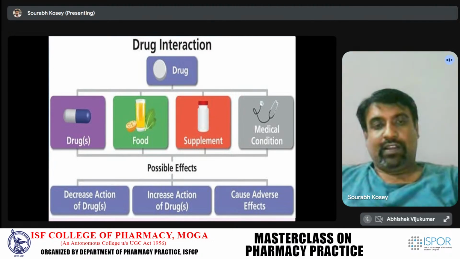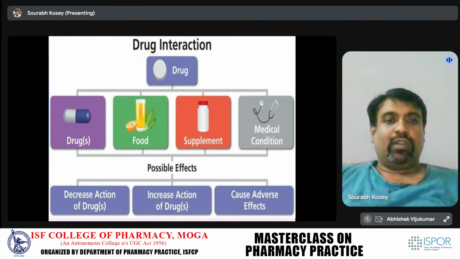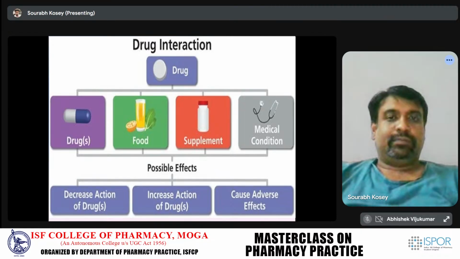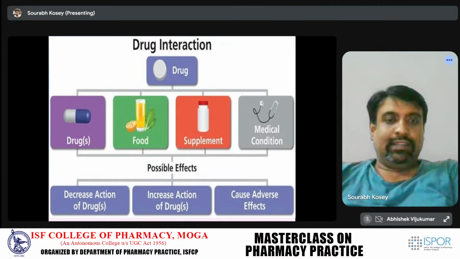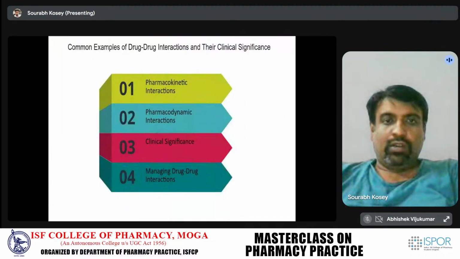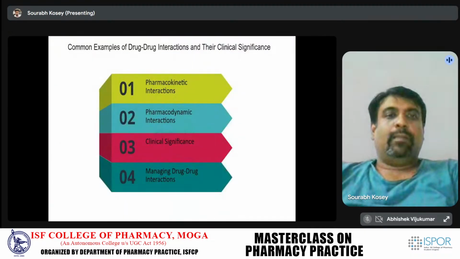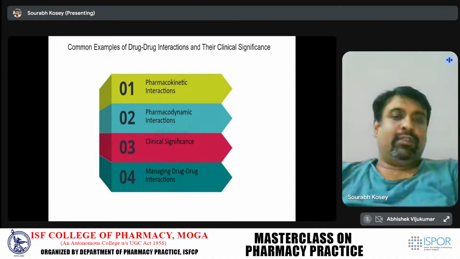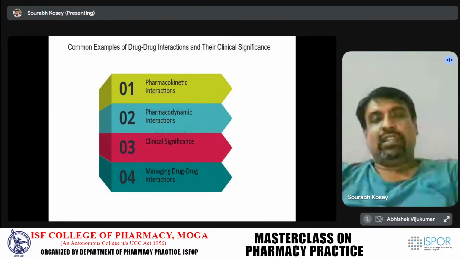That is one concern where the problem arises. Drug-food and drug-herb interactions may enhance or delay the actions, with adverse effects, or with neutral effect, nocebo, or no effect.